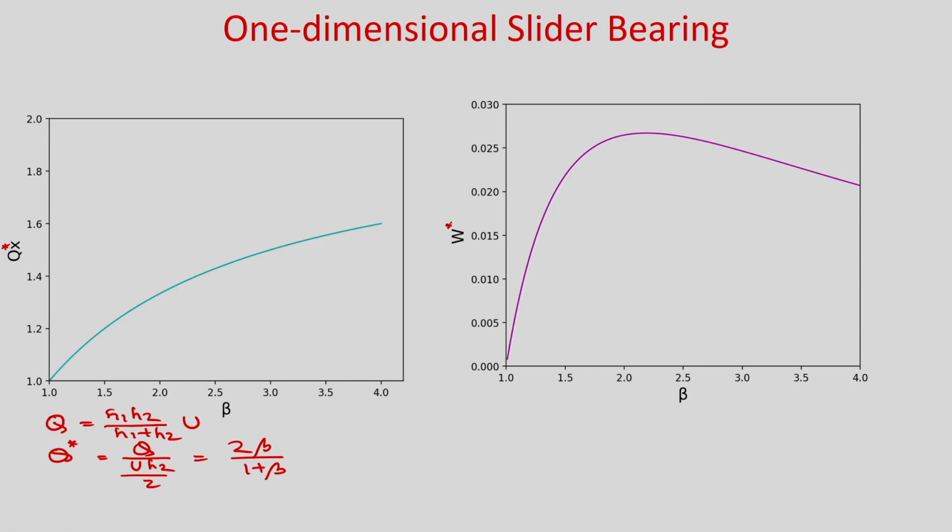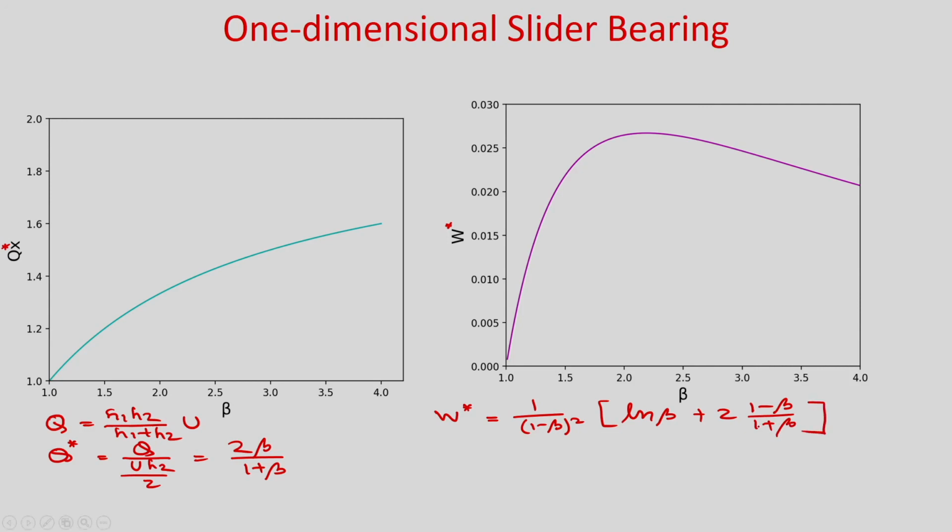Now, we have this non-dimensional load bearing capacity. So, that we have expressed as (1 minus beta square) ln beta plus 2 (1 minus beta) divided by (1 plus beta). Okay.